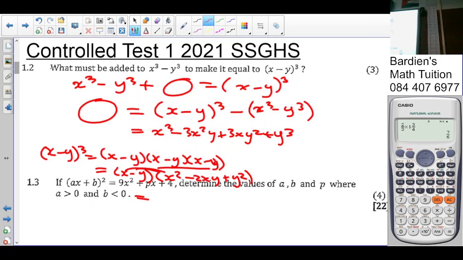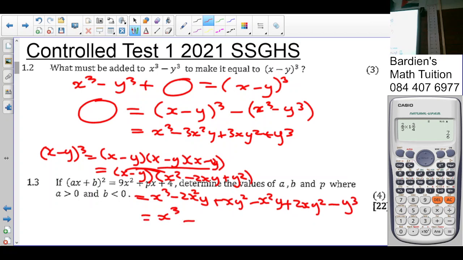We multiply that. So it's going to be x cubed minus 2x squared y plus xy squared minus x squared y plus 2xy squared minus y cubed, which is simply x cubed minus 3x squared y plus 3xy squared minus y cubed. That is when I'm taking a binomial cube.